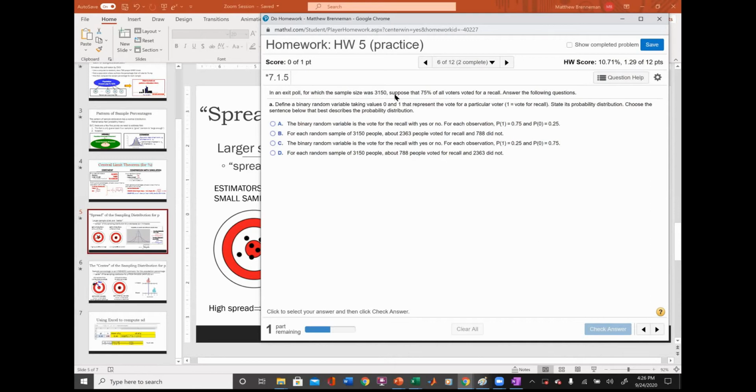Now this is a little tricky because on the one hand, you see all voters. The question is, were they all the voters in the sample or all the voters in the population? When you read into this problem a little more, you'll find out that this is pi. This is all the voters in the population. But you always have to think about that.